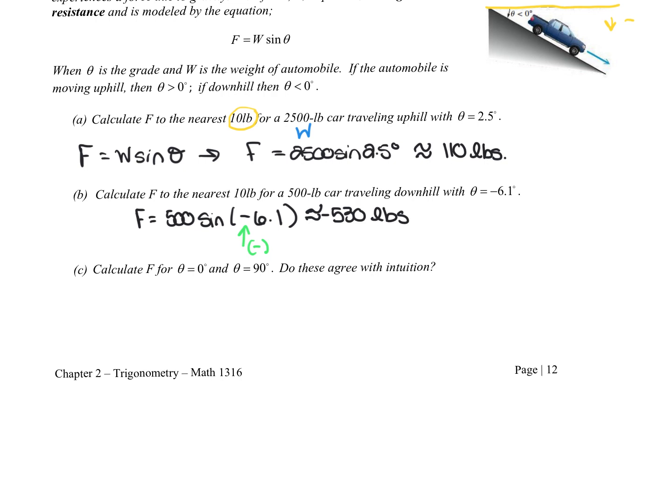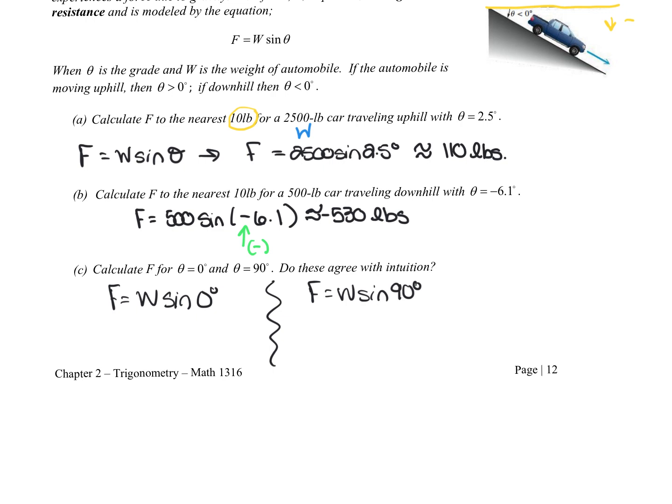Finally, it says calculate F for 0 degrees and 90 degrees. So you can put in any weight you want. We can honestly pick anything we want, but hang on, let's do this. So I'm going to write F equals, I don't know what W is, W sine of 0 degrees, and then F equals W sine of 90 degrees.